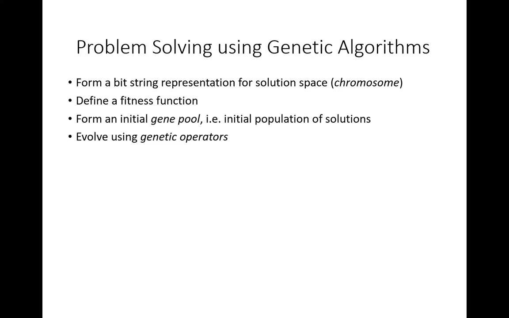One thing that requires a little more explanation on this slide is evolving using genetic operators. The basic idea is that you create a bit vector that represents a potential solution, and you initialize a large number of such bit vectors with different ones and zeros.